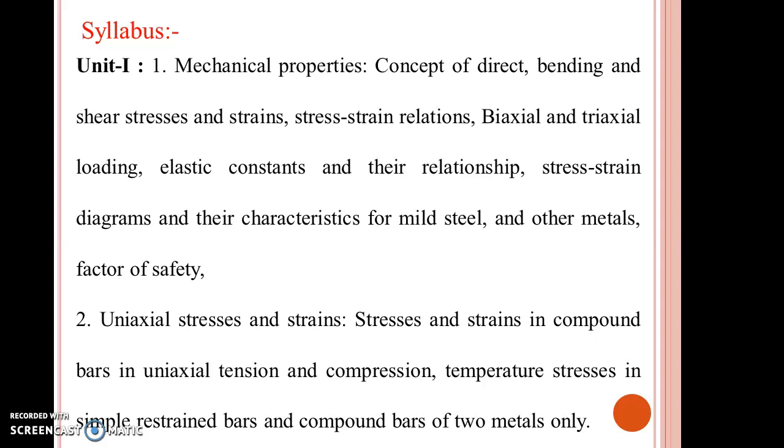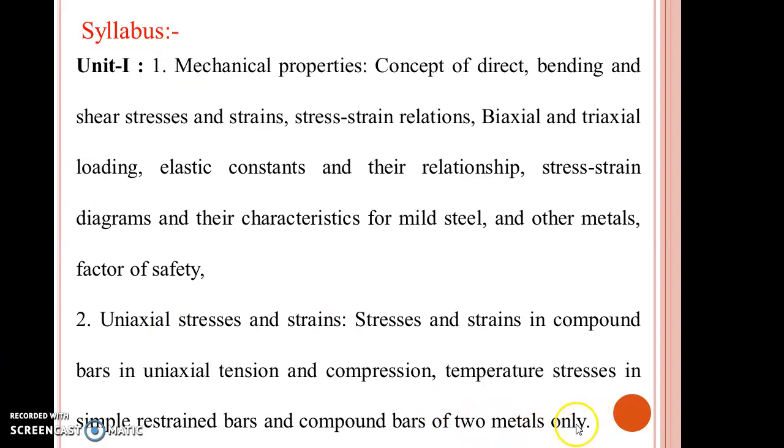So it includes the different types. We will see in our next lectures. Now see here, uniaxial stresses and strains. It includes the stresses and strains in compound bars, uniaxial tension, compression, temperature stresses, simple restraint bars, and compound bars of two metals only.